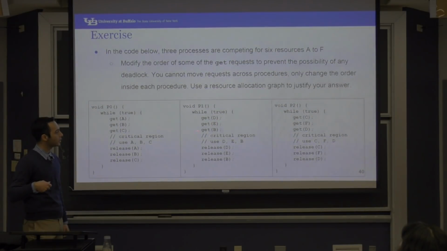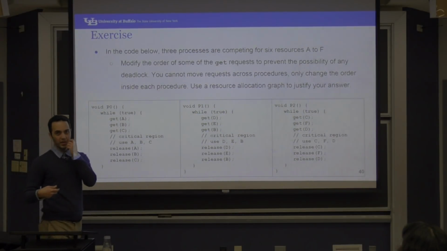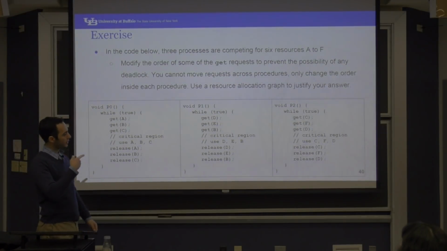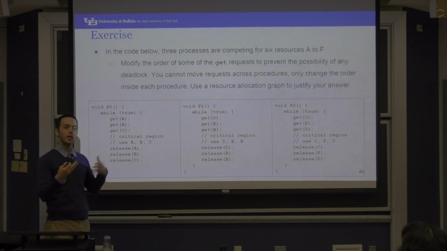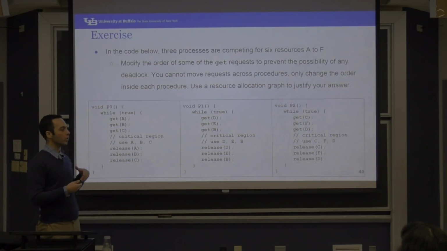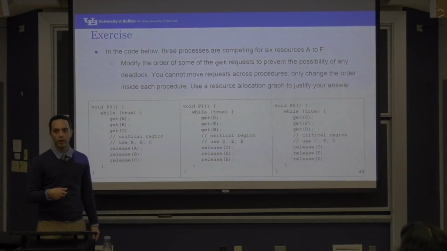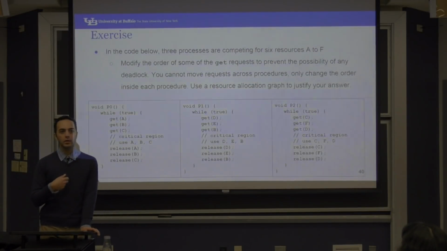Don't move them across, but change the order of D, E, and B a little bit to avoid a possible deadlock. As you guessed, this exercise actually has a chance of deadlock, and we're going to see in what situation that happens, and then you should try to resolve it by moving them. All right? Any questions on these lecture slides first?